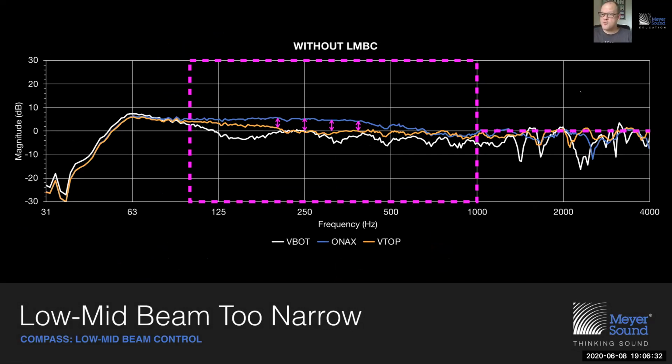We don't want to mess with any of the frequencies above 1 kilohertz because there's no reason to do so. We already have the desired beam width, as we saw, and we have no reason to do anything below 100 hertz because we already have the desired beam width.